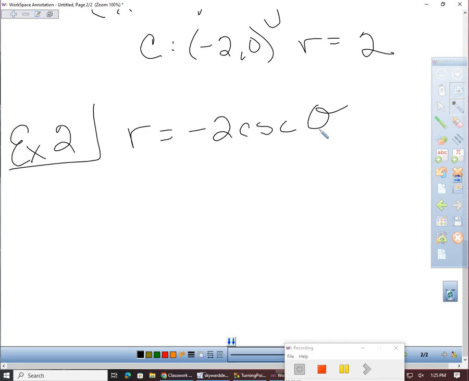This one's a little bit different, obviously, because it has a cosecant in there. First thing I'm going to do is multiply both sides by r. So I have r squared equals -2 r cosecant theta.